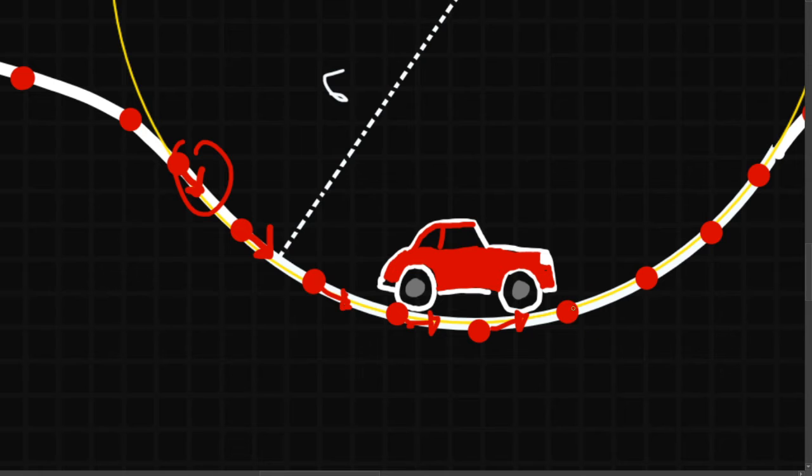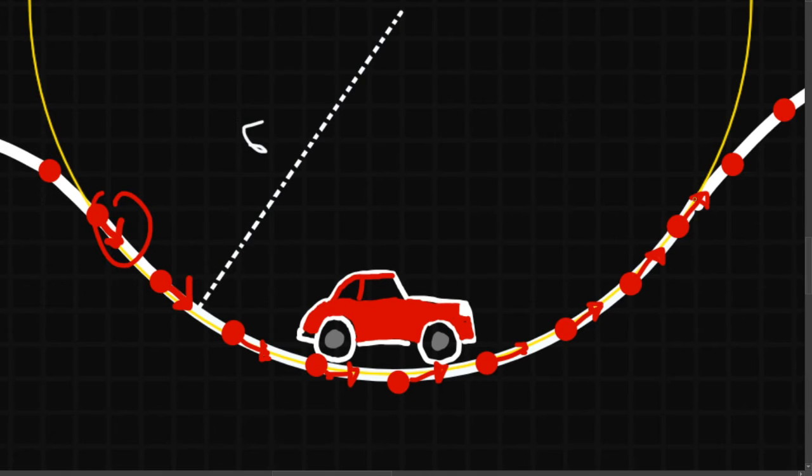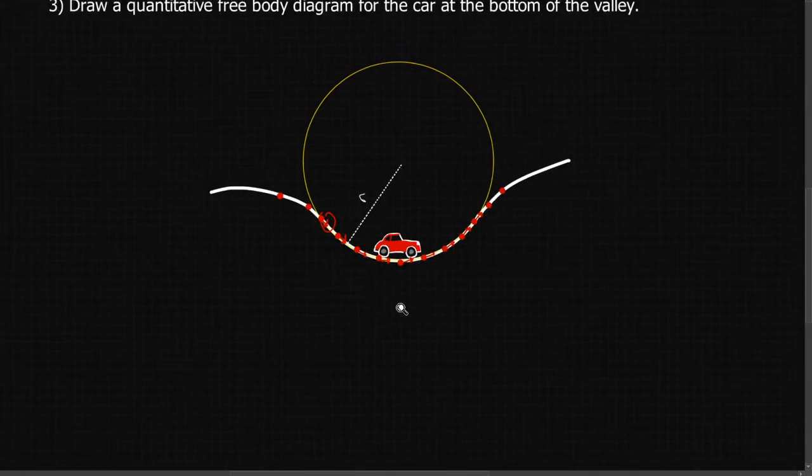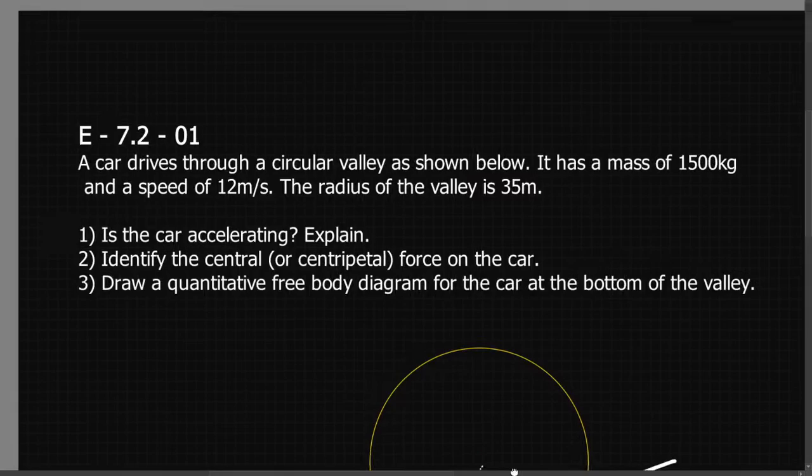Now, it's the same size. They're both 12 meters per second, but they're 12 meters per second in different directions. Just because something isn't changing speed doesn't mean it isn't changing velocity, because velocity is both speed and direction. So our velocity is changing the entire time.